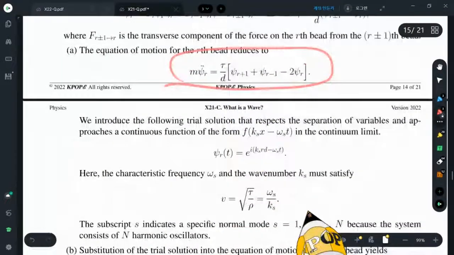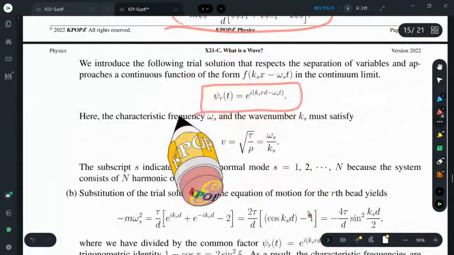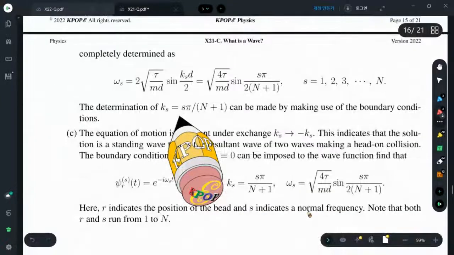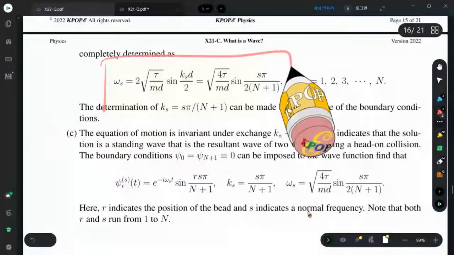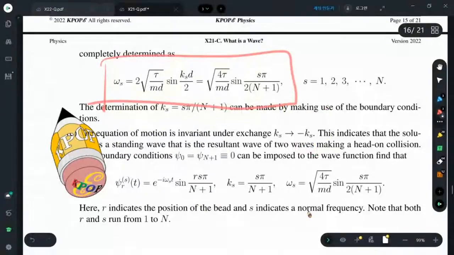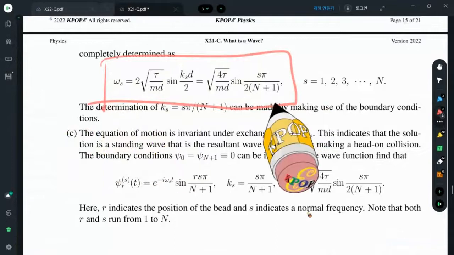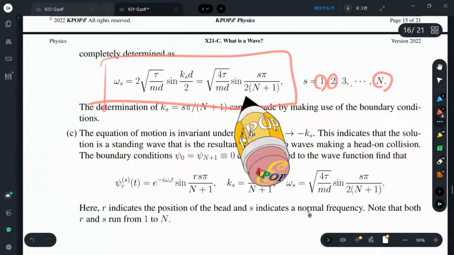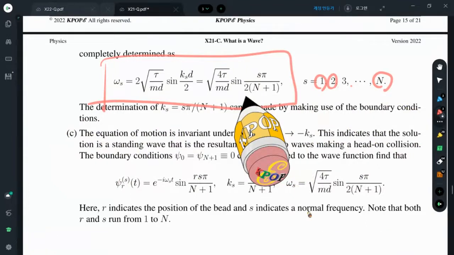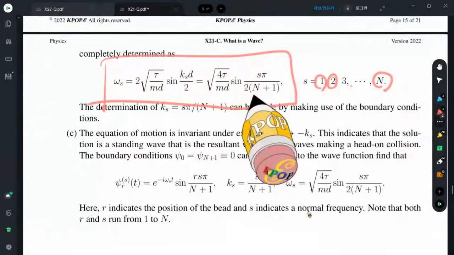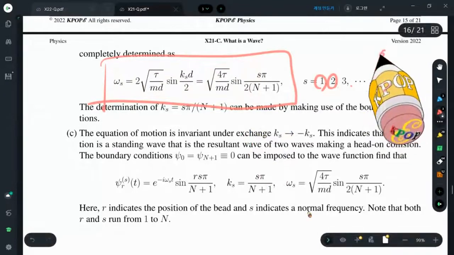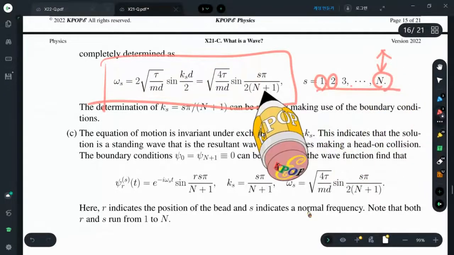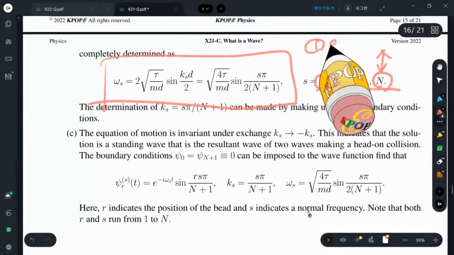The solution can be found by substituting a trial solution, and at the end of the day, what we can obtain is the specific frequency, and this frequency shows there are 1 to n frequencies. These n frequencies represent the available frequencies, that are quantized.